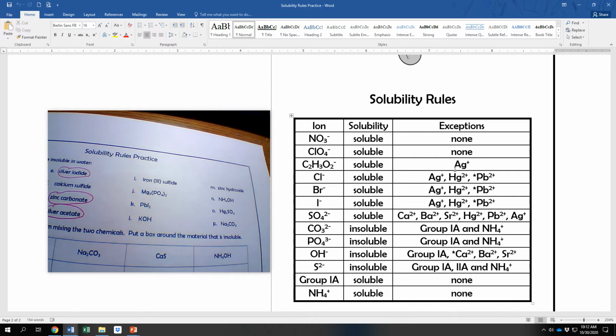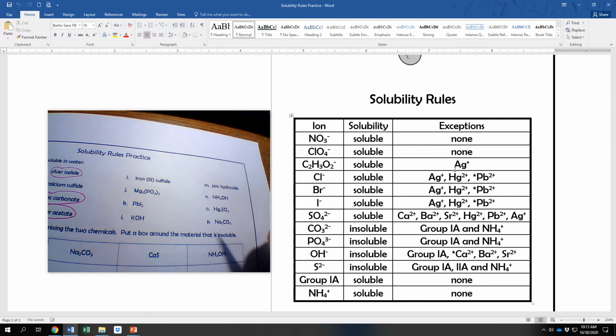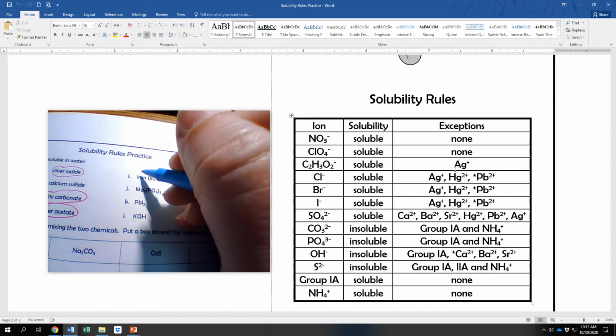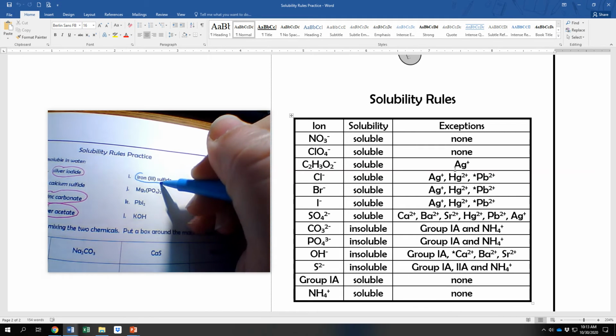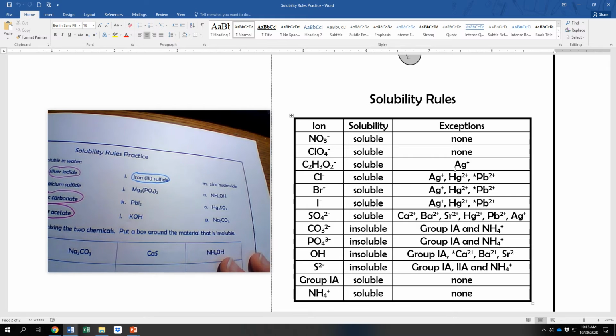Next, iron 3 sulfide. So we find sulfide, and it says insoluble except group 1, group 2, and ammonia. Well, iron is not in group 1 or 2. So that is insoluble.